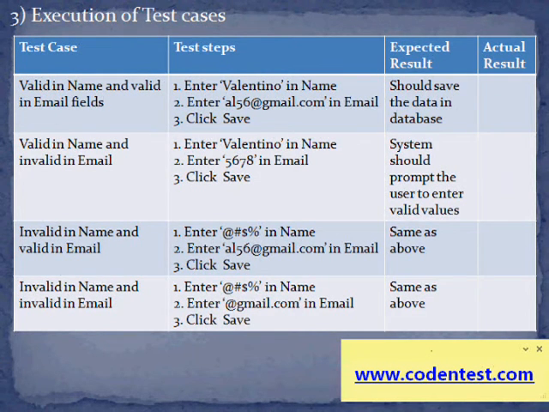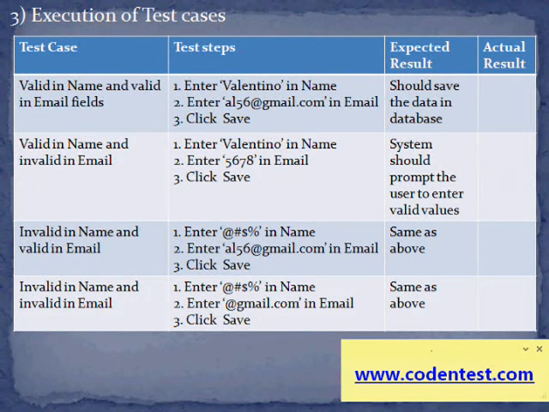So we execute these test cases, we find what the actual results are. For example, here in the first test case we enter Valentino in name field and we enter al56@gmail.com in email field and we click save button.